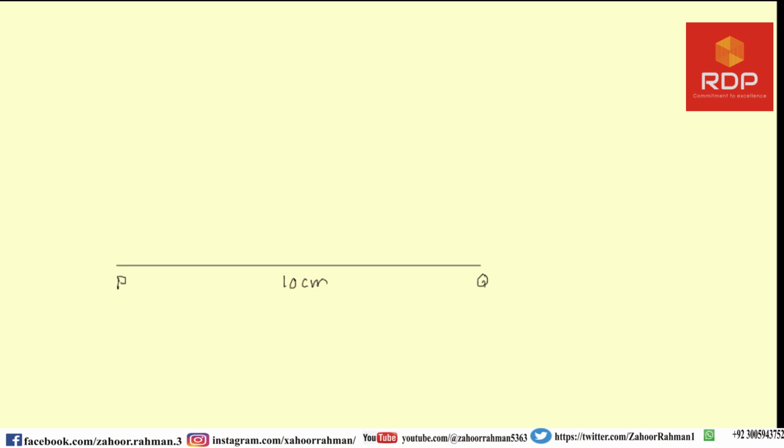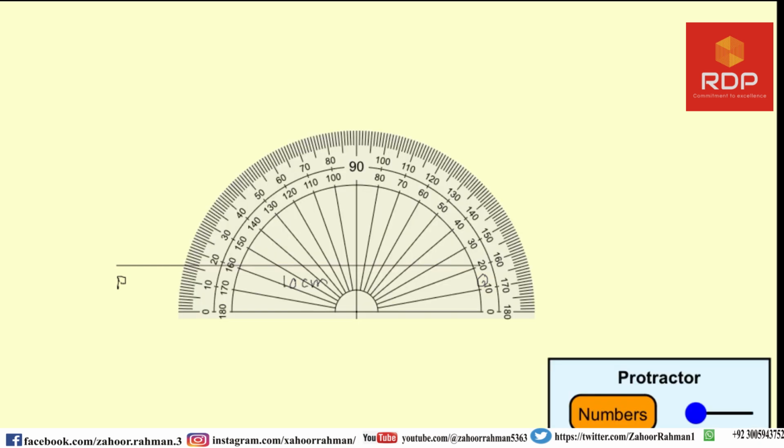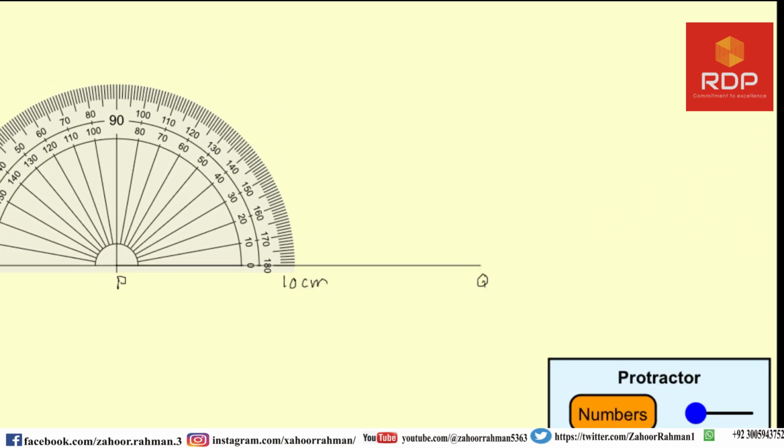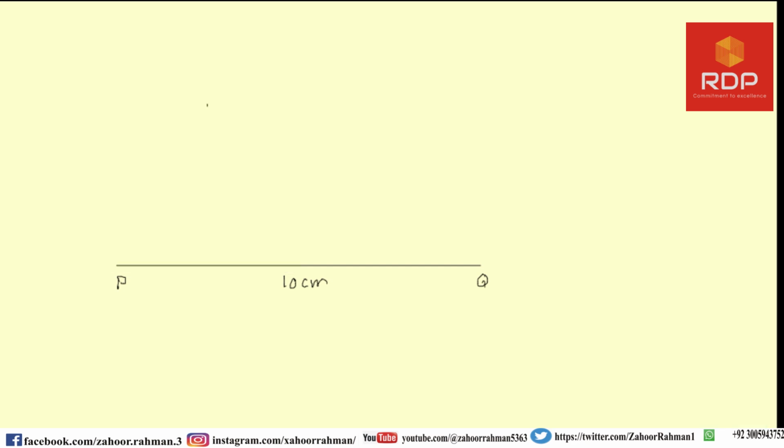My next job is to draw an angle of 60 degree here, and let me connect that 60 degree line like this, and also I want to write it as 60 degree.